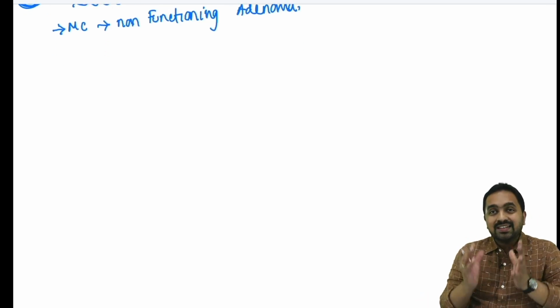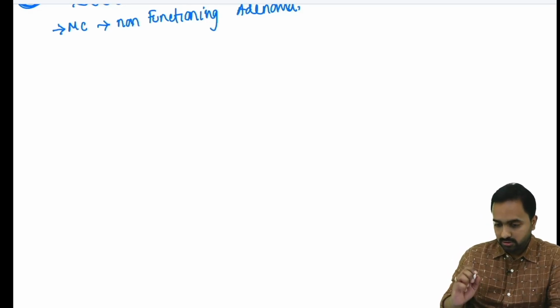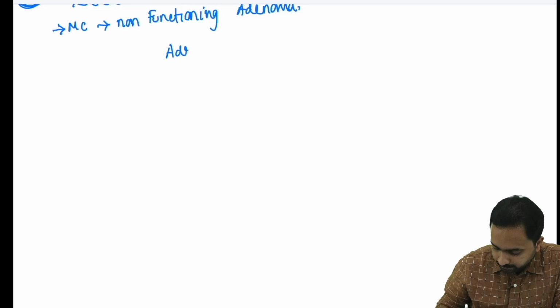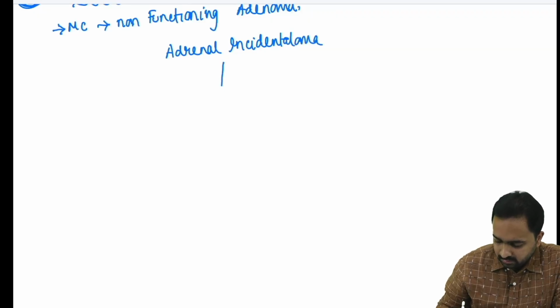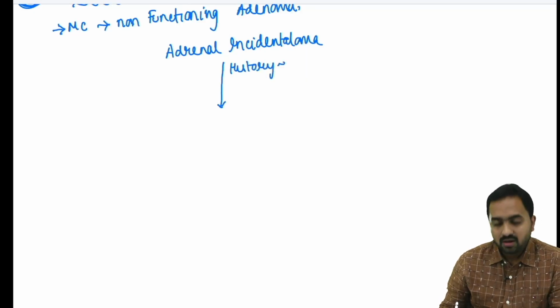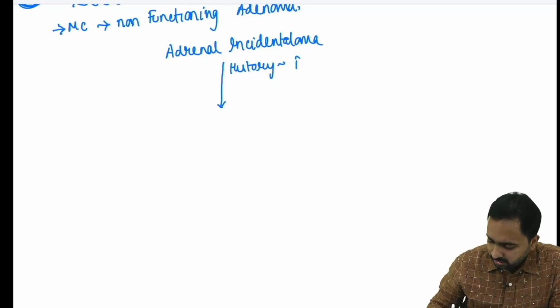So let's understand what we do in case of adrenal incidentaloma via a flowchart. In such patients, when you find a swelling, the first important step would be to take a history. What are the important positive histories that you need to take in such a patient?